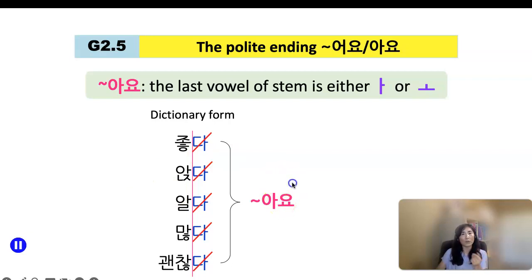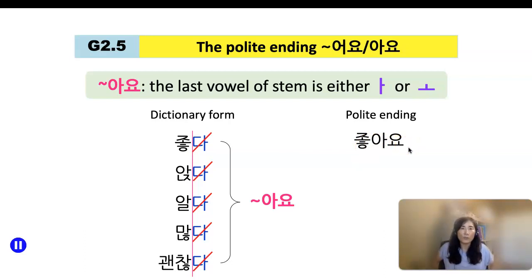Then what happens eventually? The remaining consonant is attached to 아요, and it becomes 좋아요. So 좋다, the dictionary form, to be good. You cannot use the dictionary form in conversation. You have to conjugate. To be good, 좋아요. 앉다, you just remove 다, take the stem and attach 아요.